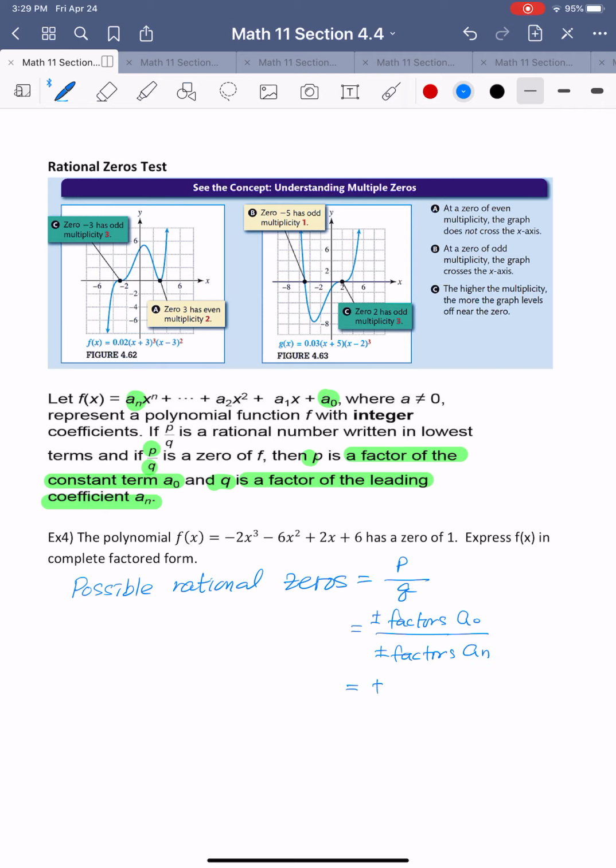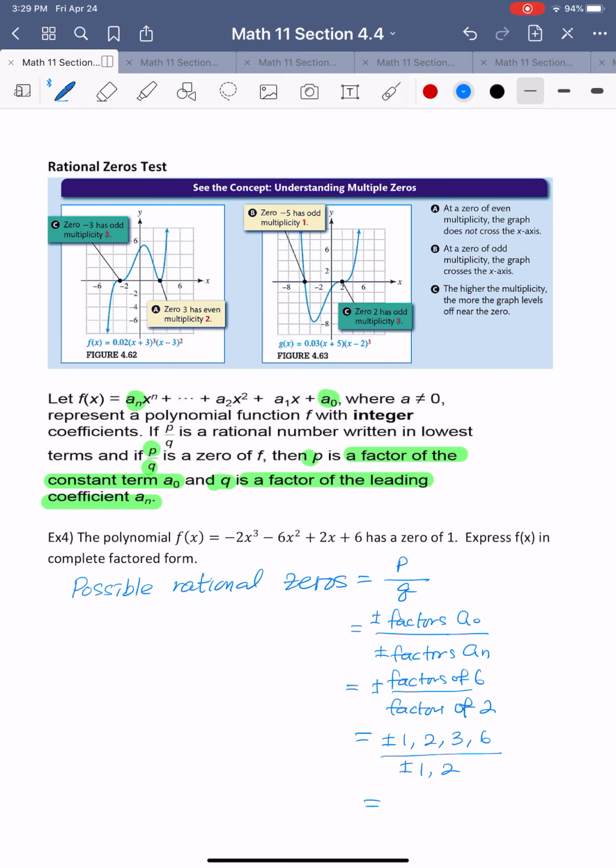Here a sub 0 is 6, so the numerator is the factors of 6, and the denominator is the factors of 2. We don't need to worry about the sign here. The factors of 6 are 1, 2, 3, 6, and the factors of 2 are 1 and 2, okay?